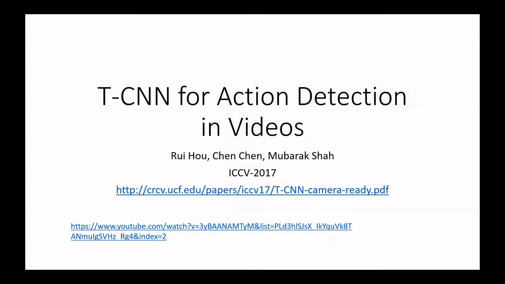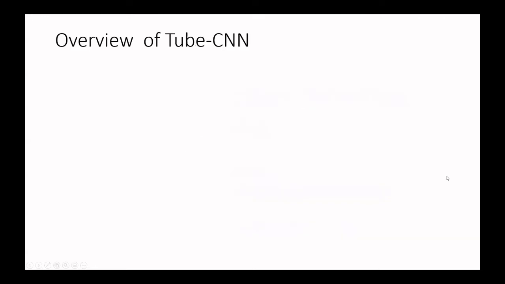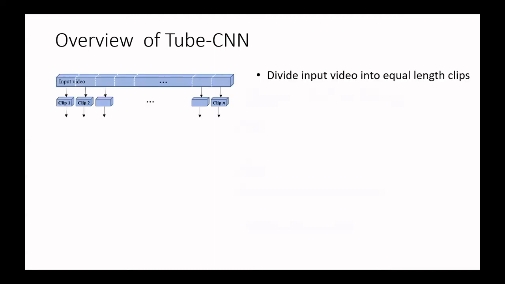Then the other thing we want to do, suppose this is a YouTube presentation, is to watch the video and identify what kind of action it is. We had this method, which is similar to Faster R-CNN, but for video.